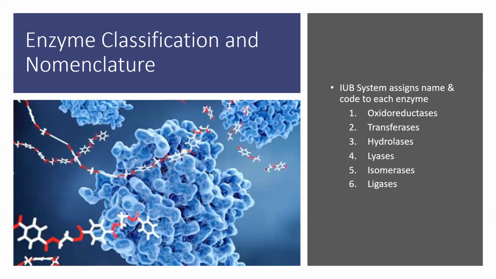The IUB, or International Union of Biochemistry, assigns a systematic way of naming enzymes for their classification and nomenclature. In fact, the IUB provided 6 classes of enzymes, namely the oxidoreductases, transferases, hydrolases, lyases, isomerases, and ligases.